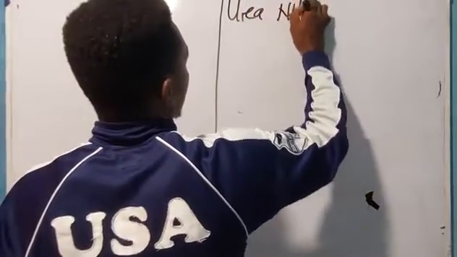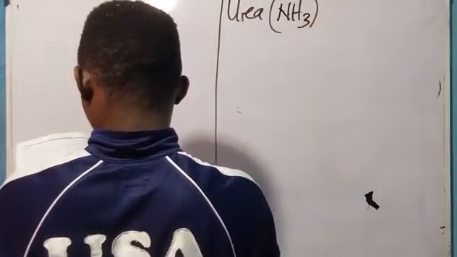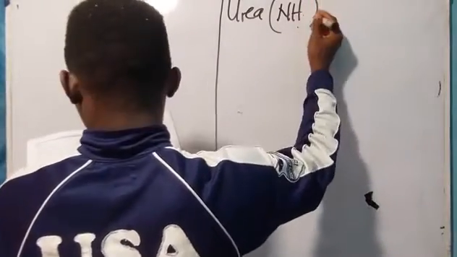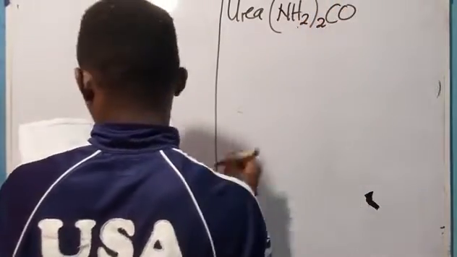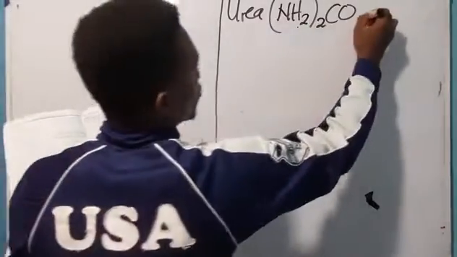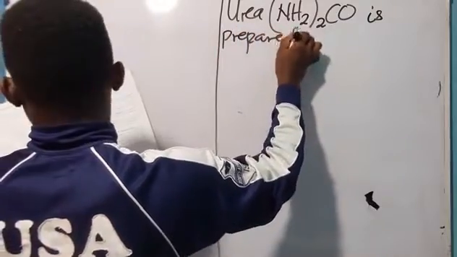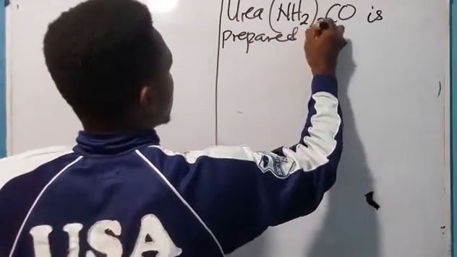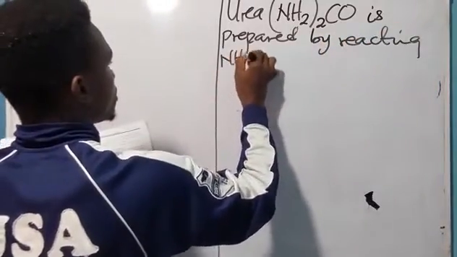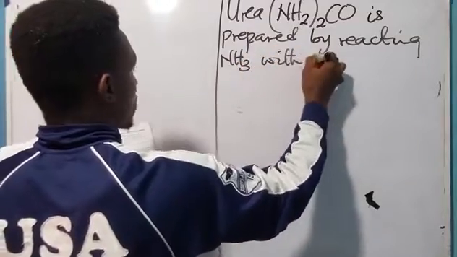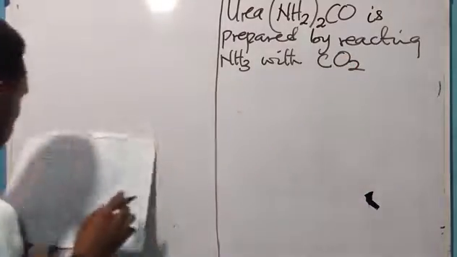Urea, NH2CO, is prepared by reacting ammonia with carbon 4 oxide, right? Yeah, carbon 4 oxide or carbon dioxide.